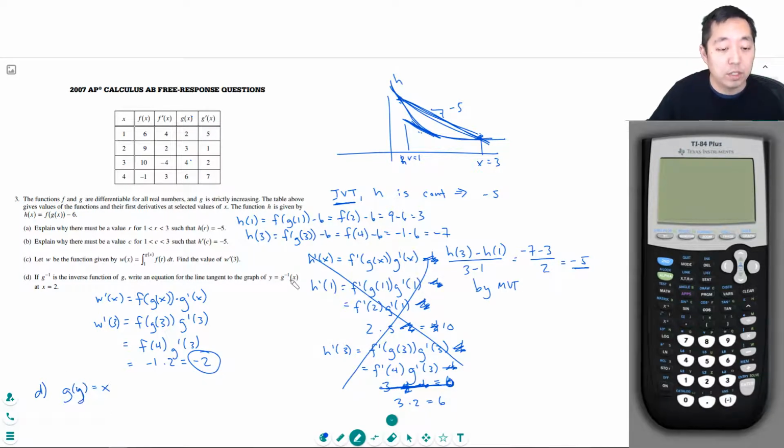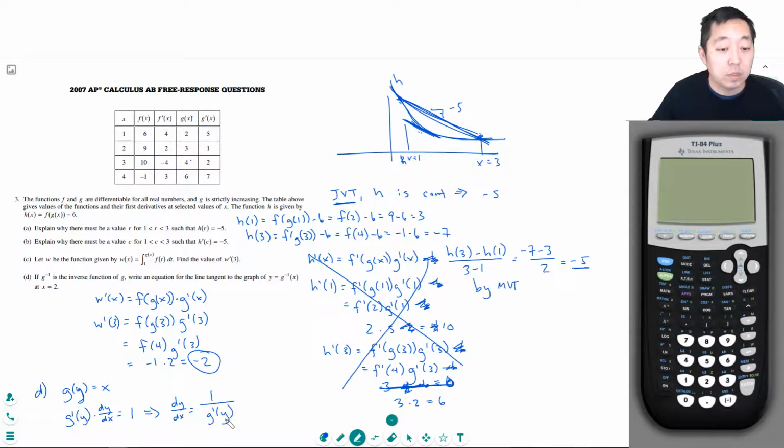Because if g inverse of x equals y, then I take the derivative of this equation. I get g prime of y times dy/dx by chain rule has to equal 1. So that tells me dy/dx is equal to 1 over g prime of y.